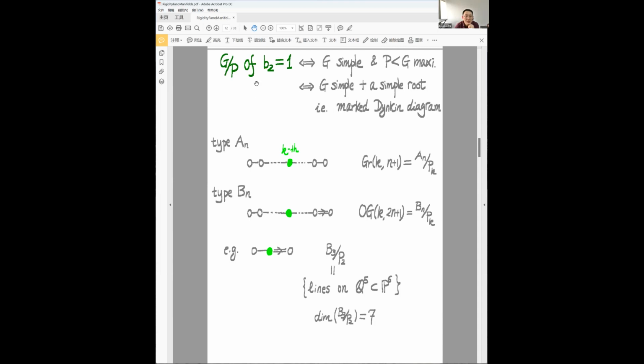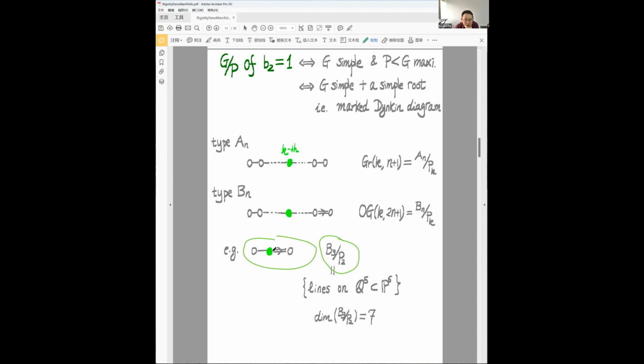And then in the first part, we will always assume G/P is of Picard number 1, which means P is maximal. And then in the marked Dynkin diagram, we just mark one node. One particular example of type B_n is B3 mod P2, which corresponds to this marked Dynkin diagram.